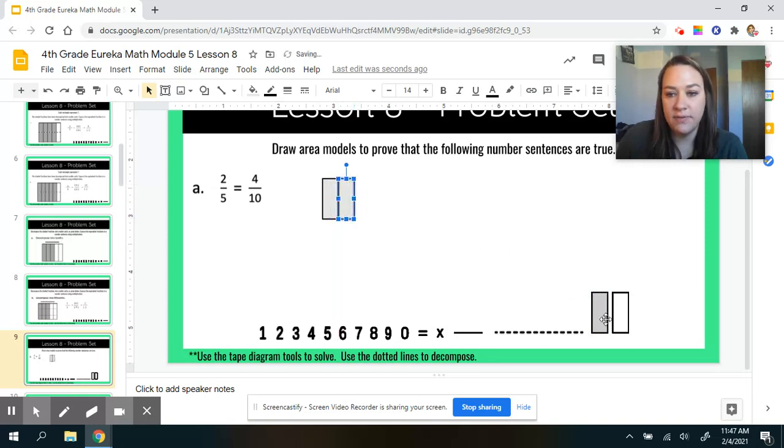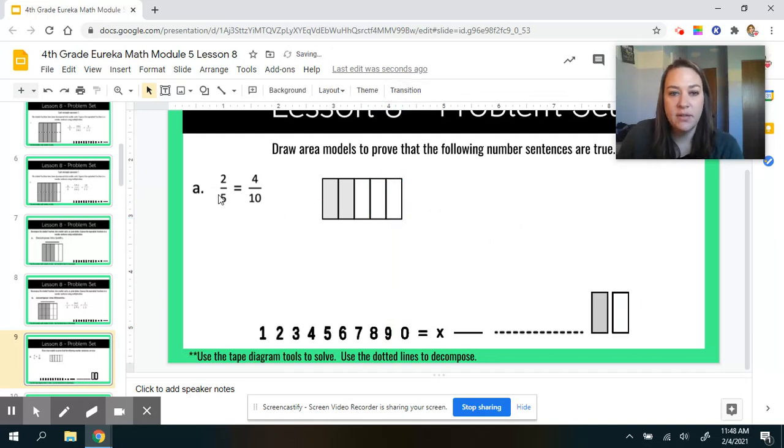Because my denominator is 5. So there's 3, 4, and 5.